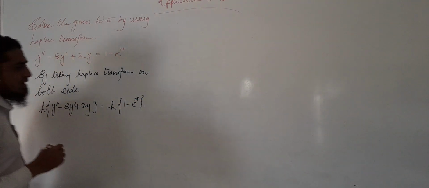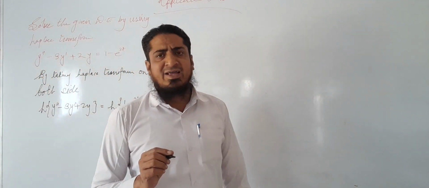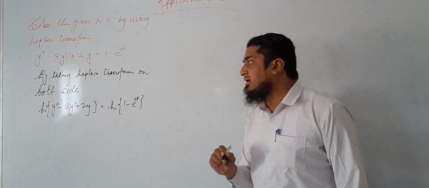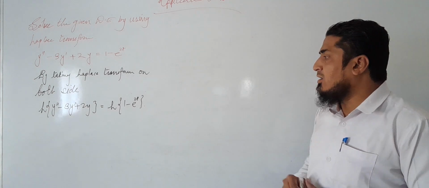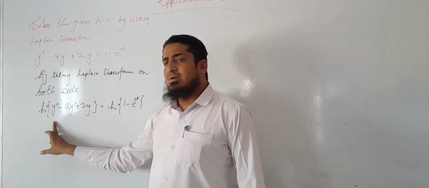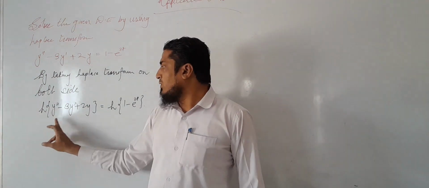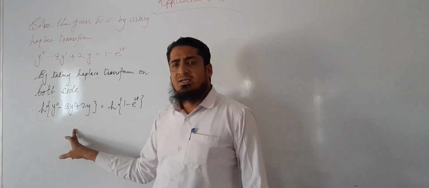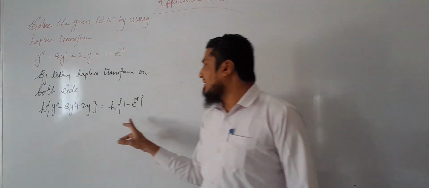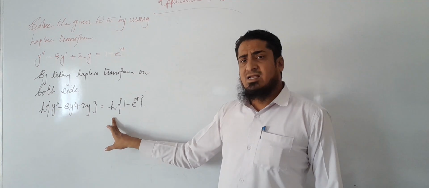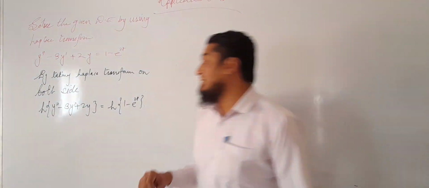Now, since Laplace transform satisfies the linearity property, we can distribute the operator over y double dash, then over 3y dash, then over 2y. Similarly, we can distribute the Laplace transform to 1 and e raised to 2t.